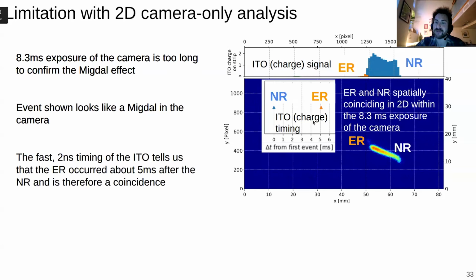When you look at the timing, this electron recoil happened 5 milliseconds after this nuclear recoil, which means it was not the Migdal effect. It wasn't an electron that was simultaneously emitted. It was just because we collect so much data, every so often you'll find an electron recoil that spatially overlaps with a nuclear recoil.